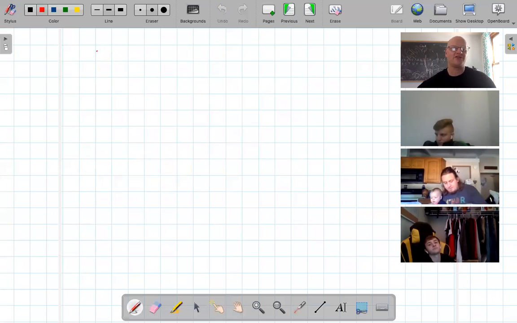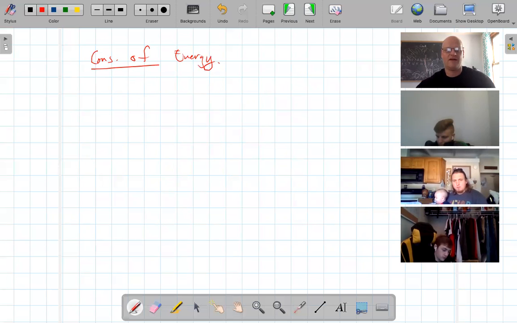So conservation of energy tells us that the power lost must be equal to the power delivered, which means that the power lost, supplying power to this electrical element, is equal to the potential times the current.